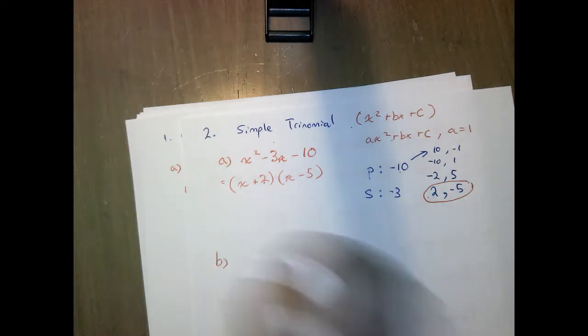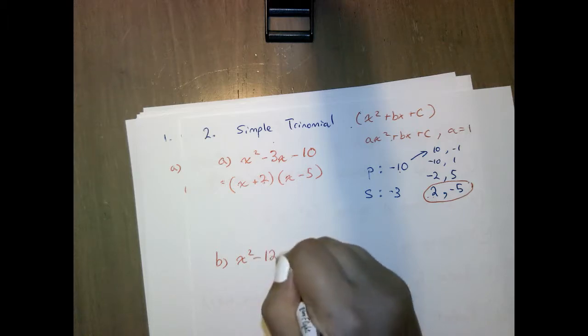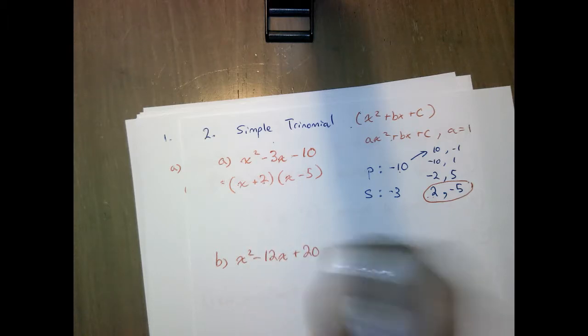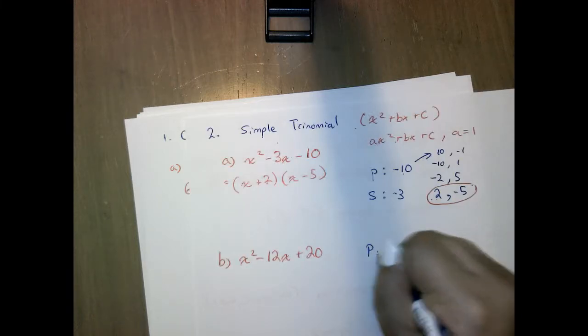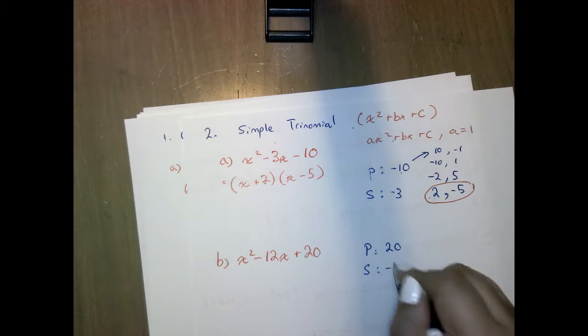So here we have another example, x squared minus 12x plus 20. Here I have a product of 20 and a sum of negative 12.